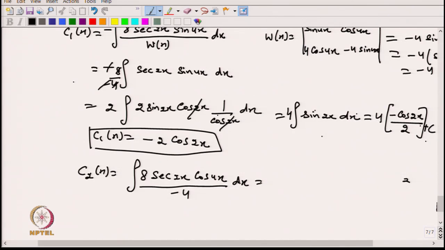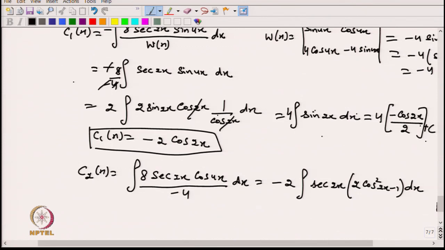So, that is my c2(x). In this case this will be minus 2, secant 2x, and cos 4x can be written as 2 cos square 2x minus 1, dx.